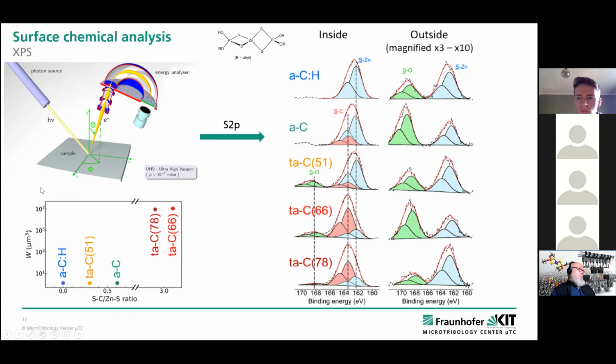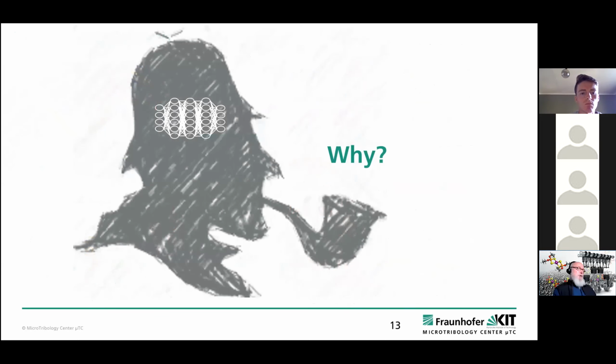And we basically compared this with the composite wear volume. And you see here that there is a strong increase in wear volume if the sulfur carbon ratio goes up. So this was a hint that sulfur somehow plays a very important role in this wear behavior. And that's where we started to think and use our natural neural networks to find out what's going on here.